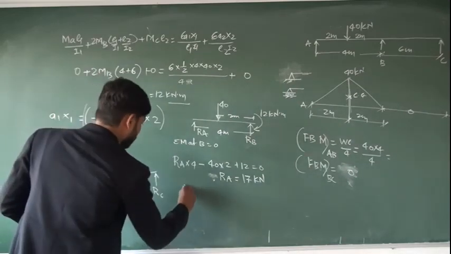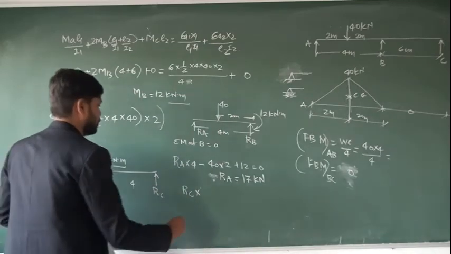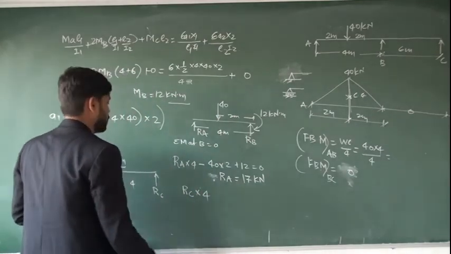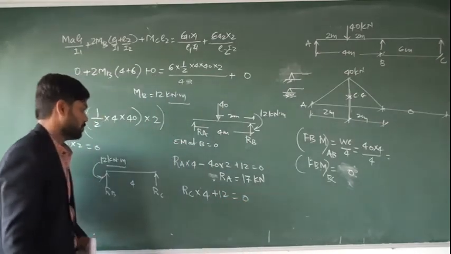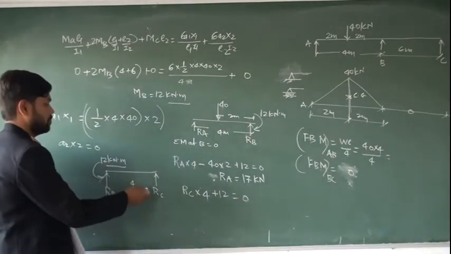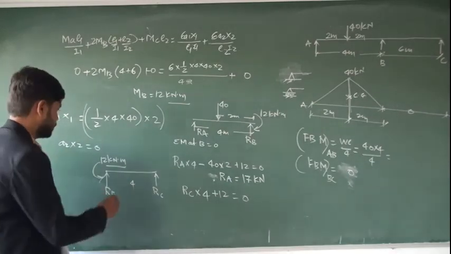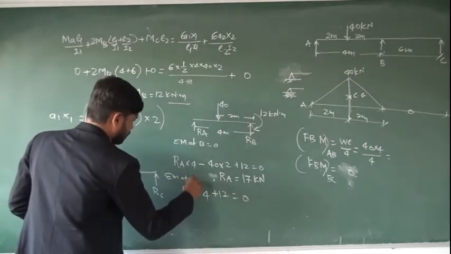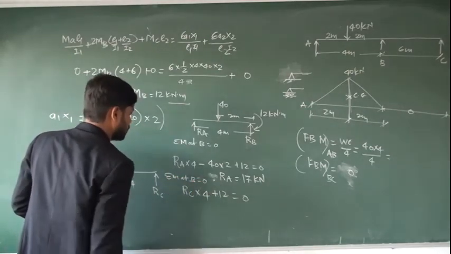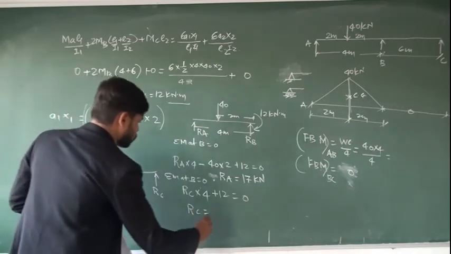So RC into 4 plus 12, both anti-clockwise, equal to 0. Taking the moment about B, RC into 4 plus 12 equals 0, so from this we will get RC as minus 2.